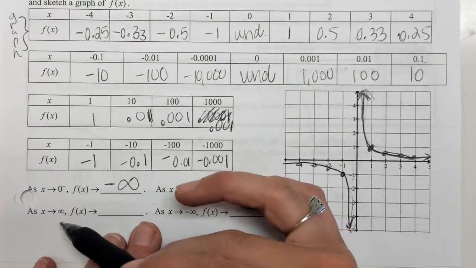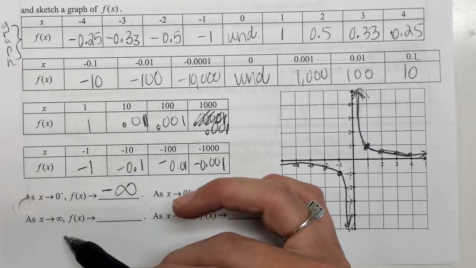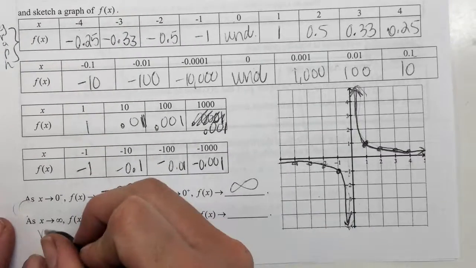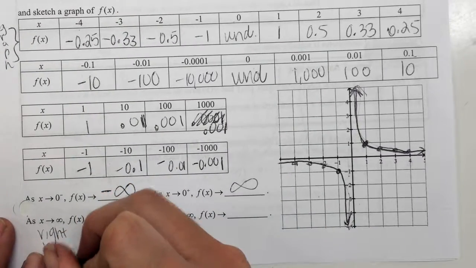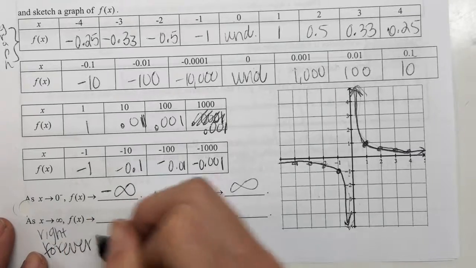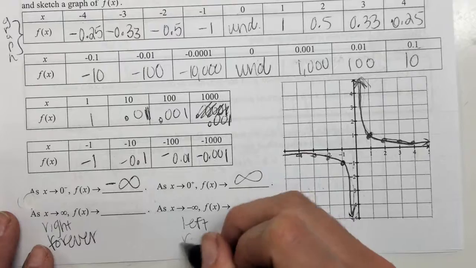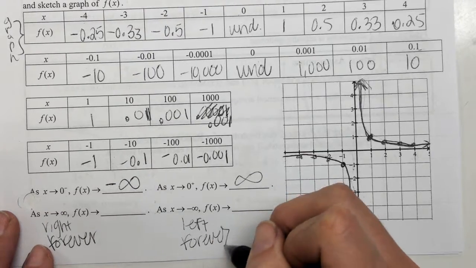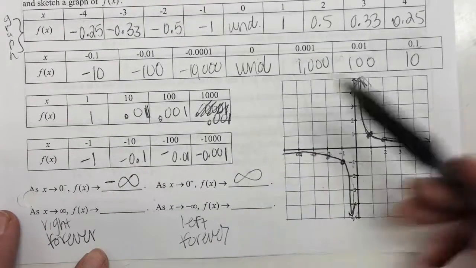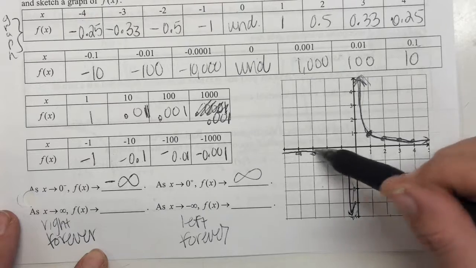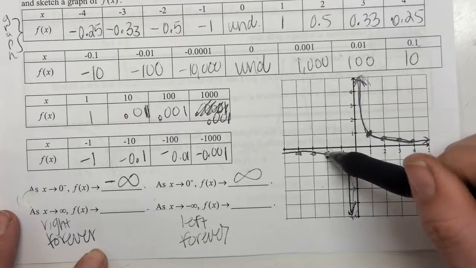Now, when you're talking about x values, when it says infinity, that just means right forever, not up or down like y. And as it's going to negative infinity, that means left forever. So as x is going left forever, what is our y doing?